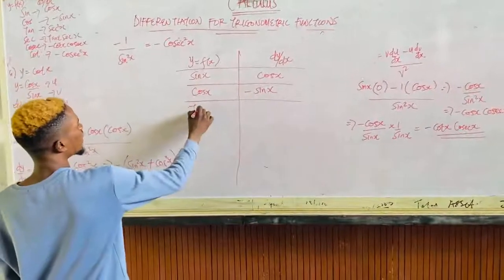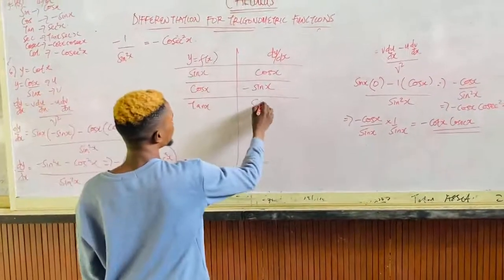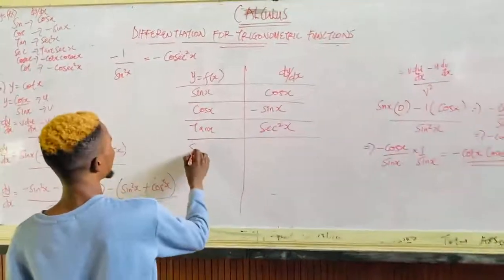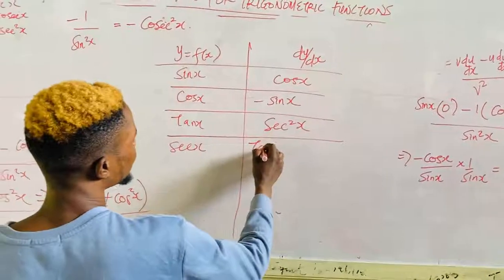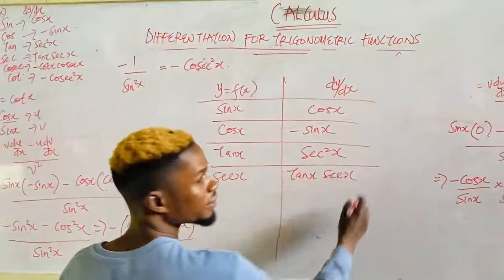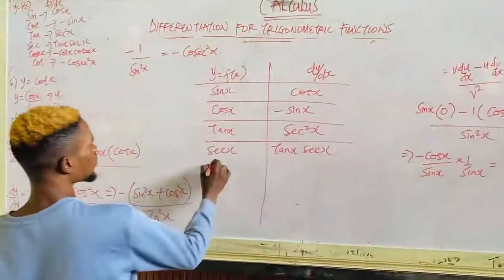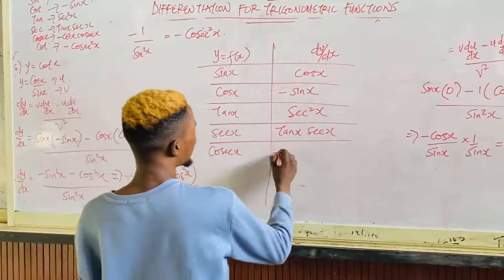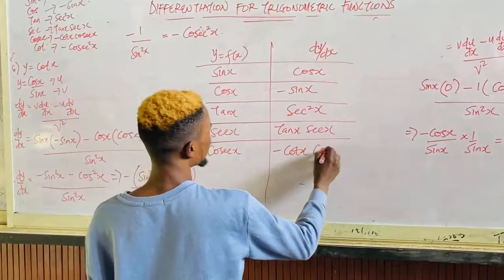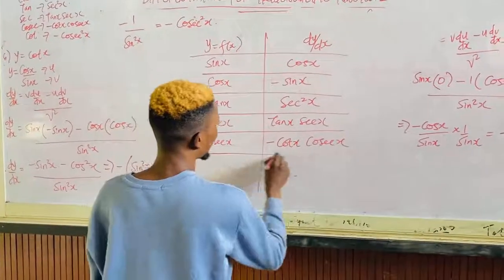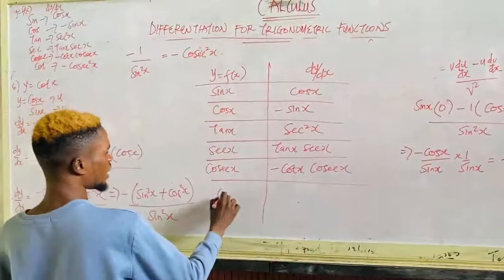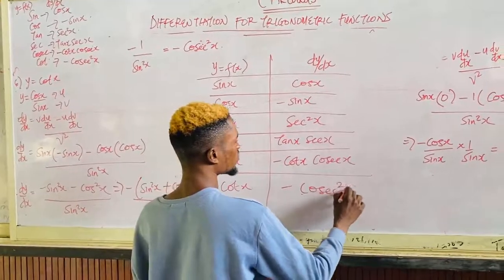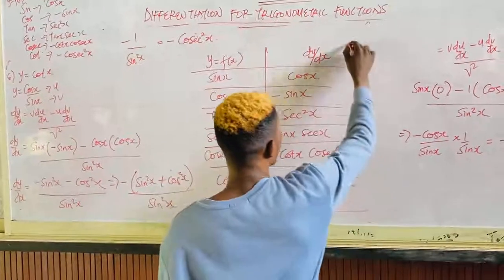If you differentiate tan x, you get sec square x. If you differentiate sec x, you get tan x sec x. If you differentiate cosec x, you get minus cot x cosec x. And if you differentiate cot x, you get minus cosec square x.